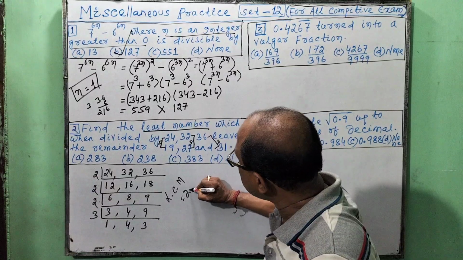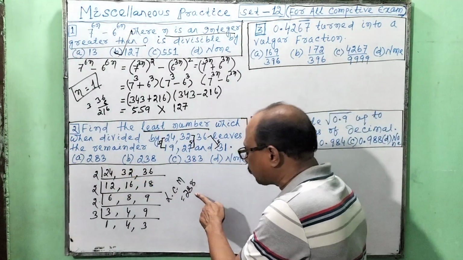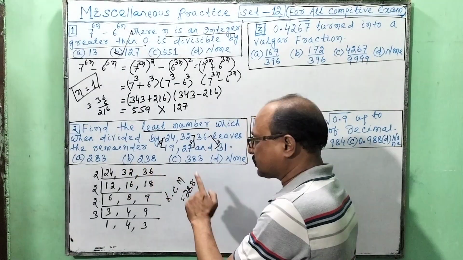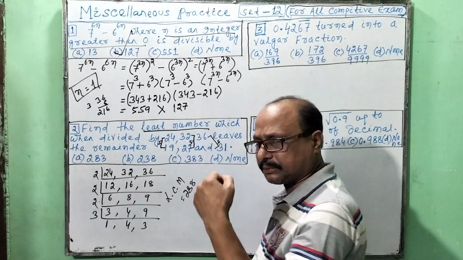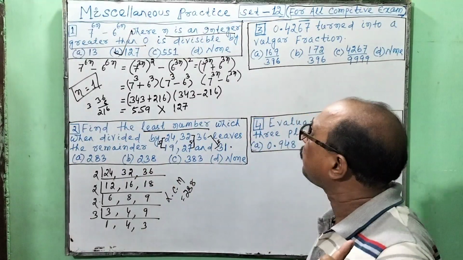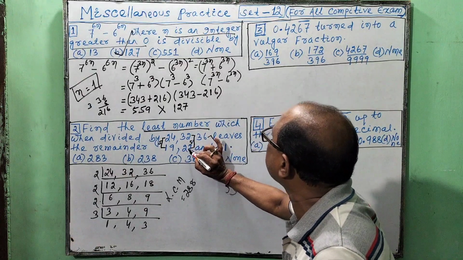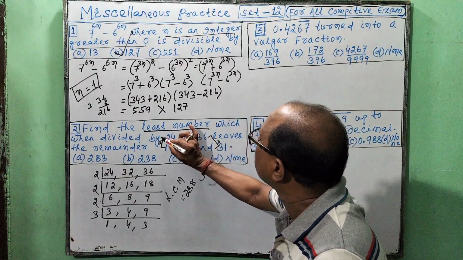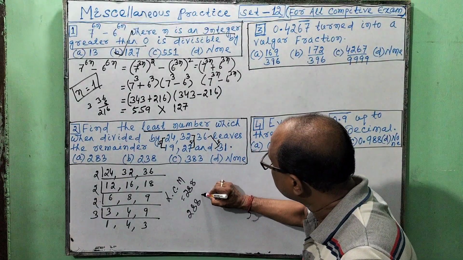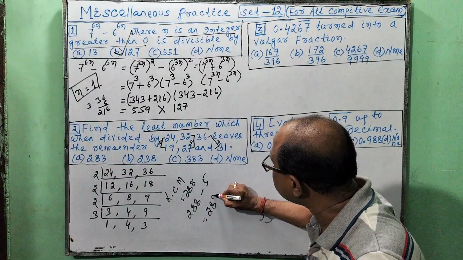LCM means if you divide by this, 24 is divisible, 32 is divisible, 36 is divisible, because it is the LCM of the three numbers. But the question asks for remainders 19, 27, 31, so the difference is 5. If we subtract 5 from here, it is 283.